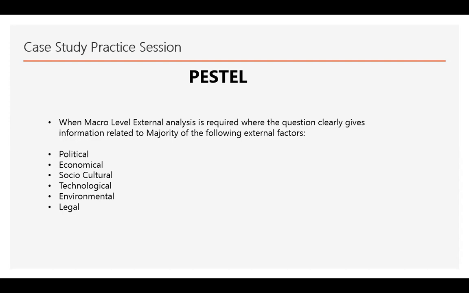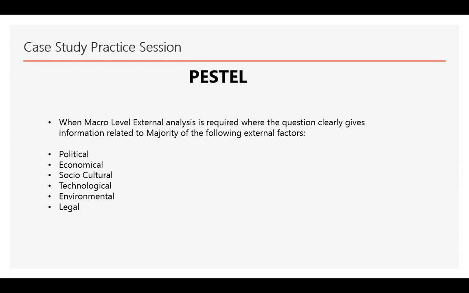And then comes the socio-cultural factor. It may also give you information about the behavior of the customers at large, or problems with language barriers. So in some way or the other, it will be telling you about the customers of the country in which you are operating.